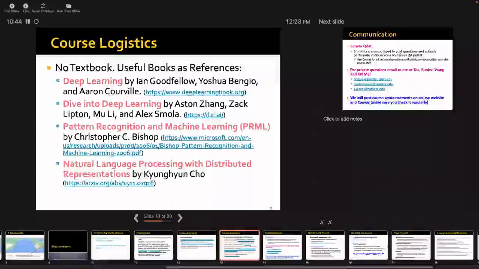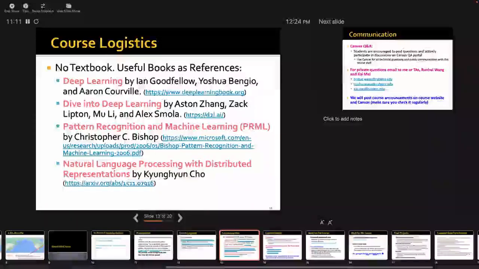And there will be a more hands-on book, D2L, Dive into Deep Learning, and this will also be a very good book. This is more like a series of tutorials. Each chapter is accompanied by a set of Jupyter notebooks that you can play with. So these are basically the two most important books for your reference in this course about deep learning.